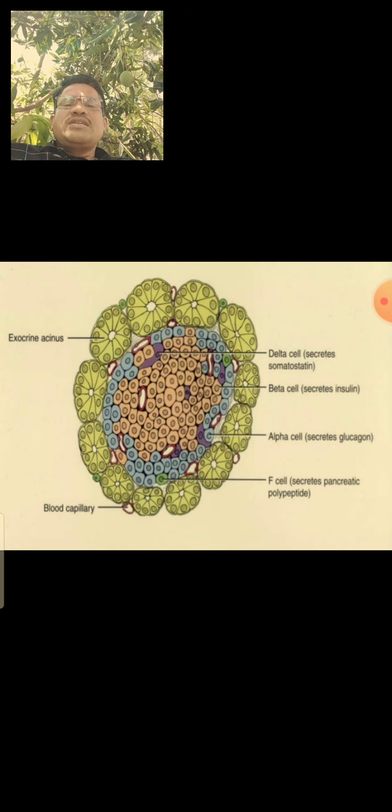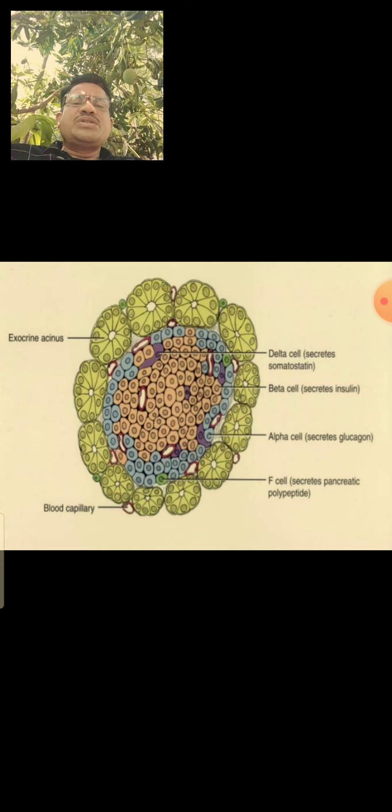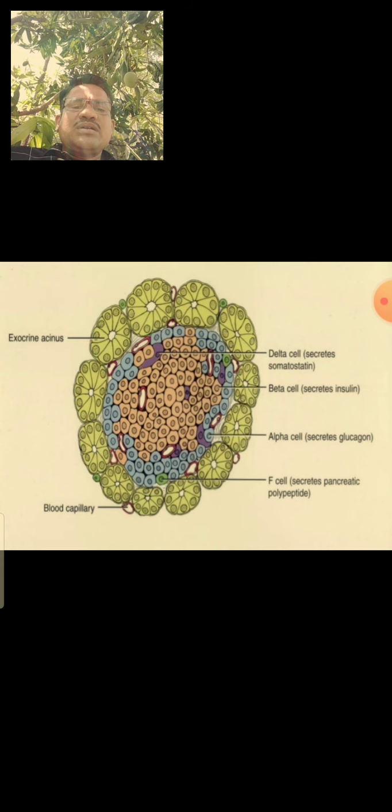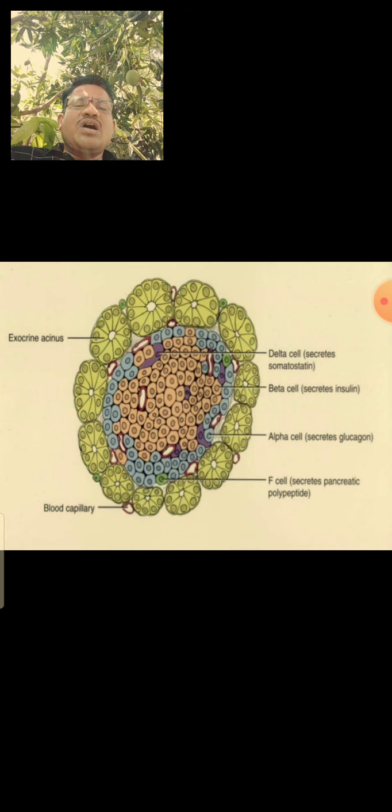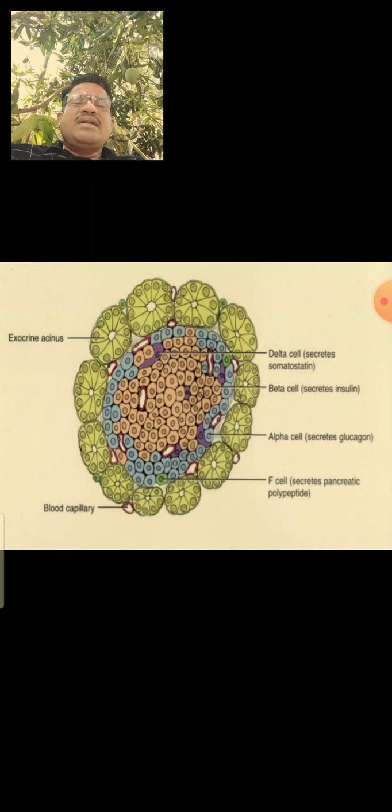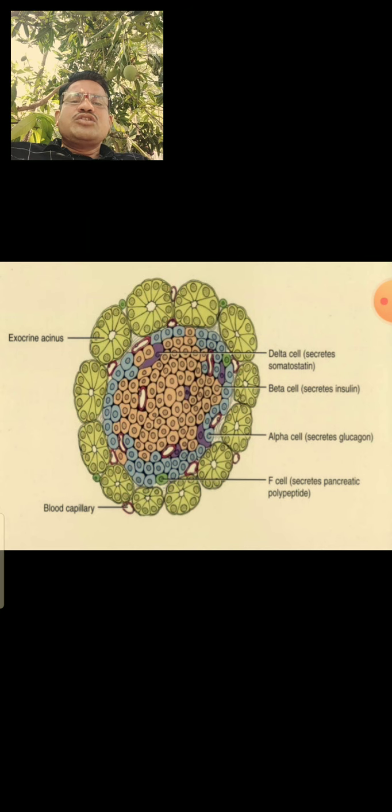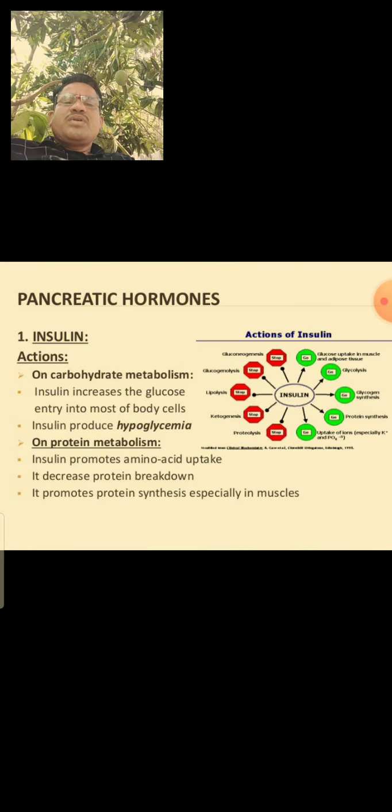The exocrine glands release pancreatic juice, and in the endocrine part different types of cells are there. F cells secrete pancreatic polypeptide, alpha cells secrete glucagon, beta cells secrete insulin, and delta cells secrete somatostatin.